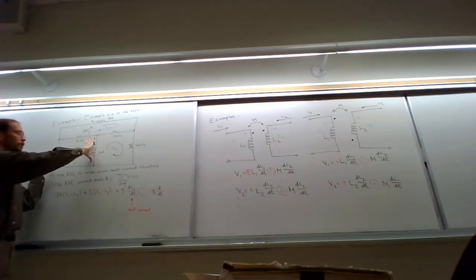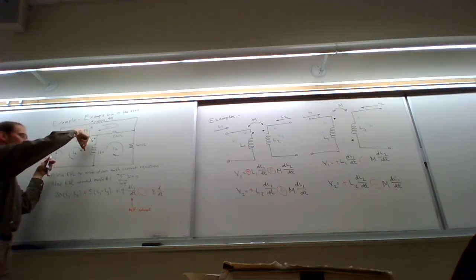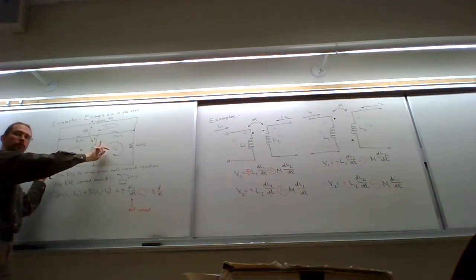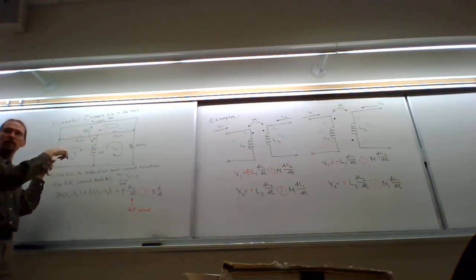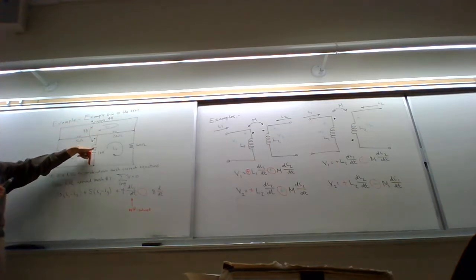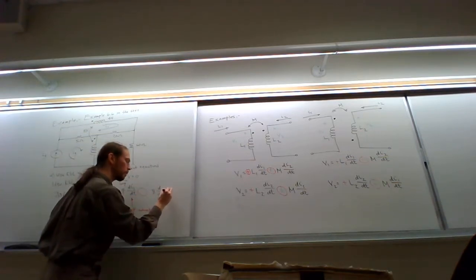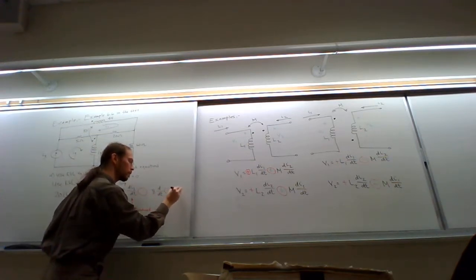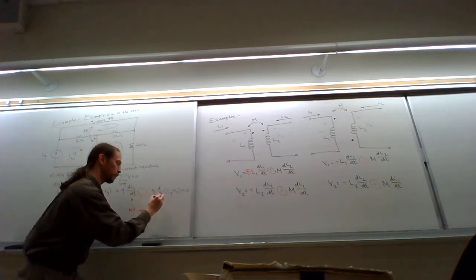Flowing through the 16 henry inductor, we can either say it is IG minus I2 or I2 minus IG. So let's pick the first one. Let's say my net current is flowing down this way. That would be IG minus I2. So this is the mutually induced term.